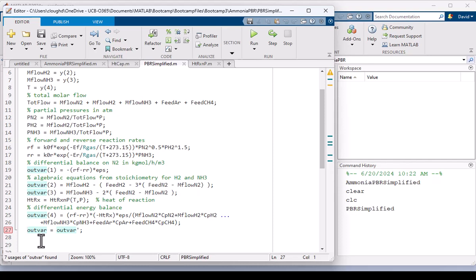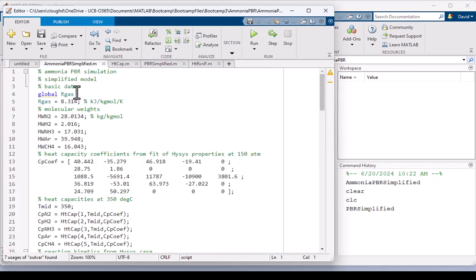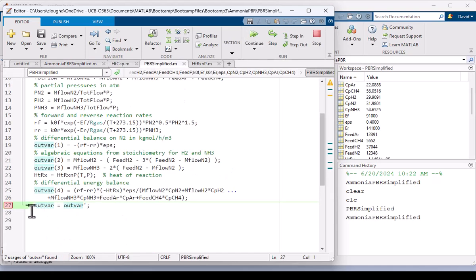So the first time that this routine is accessed, the very first time, which will be with initial conditions, it's going to stop there so that we can take a look at all the variables and see if things make sense. So if I come back here to the main script and run it, then it stops immediately on this line.